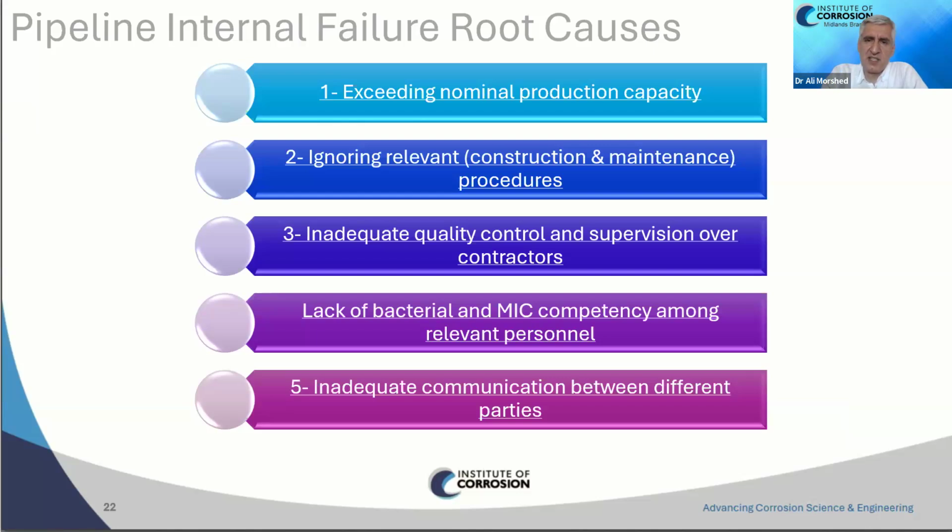One was exceeding the nominal production capacity of the associated gas refineries. The other one was ignoring the relevant construction and maintenance procedures by not draining or removing the groundwater in the trenches during installation and maintenance. Another was inadequate quality control and supervision over contractors.